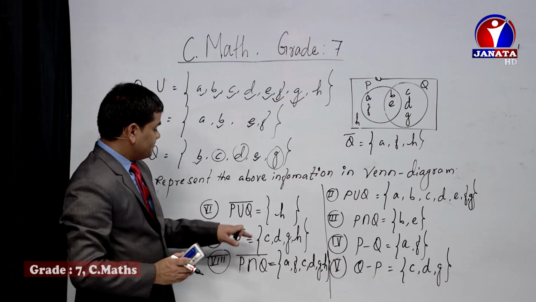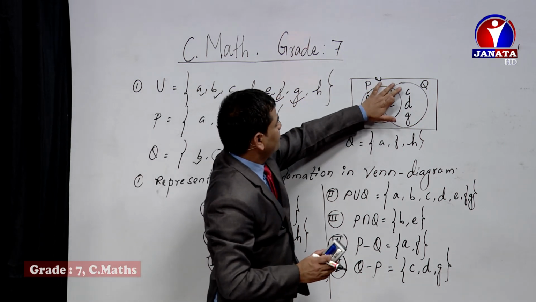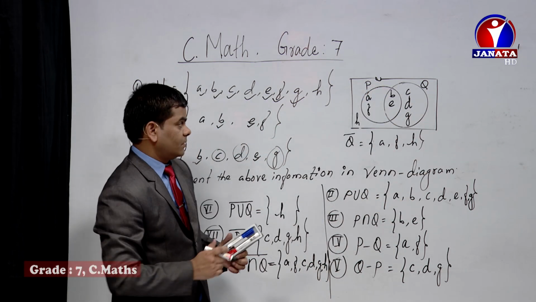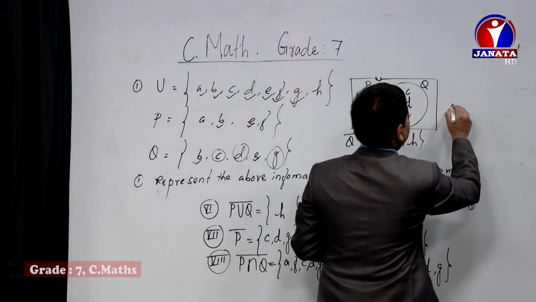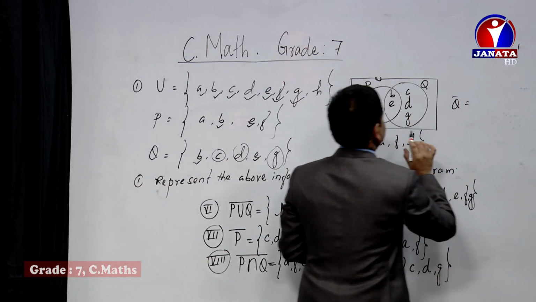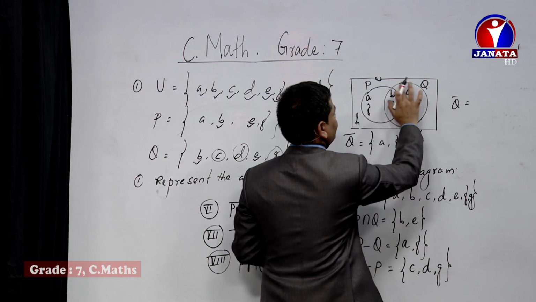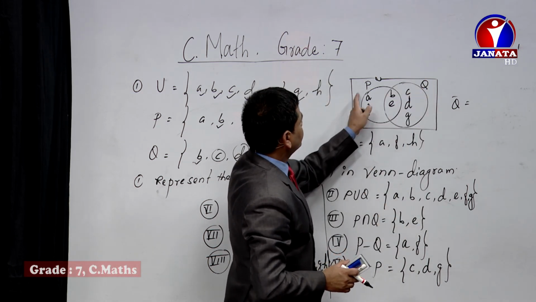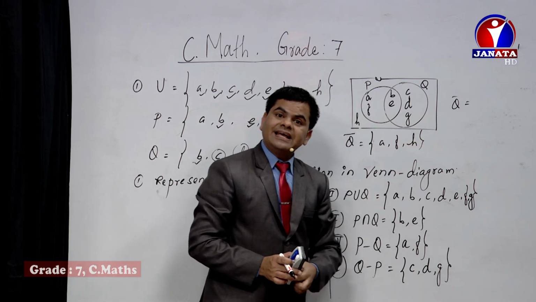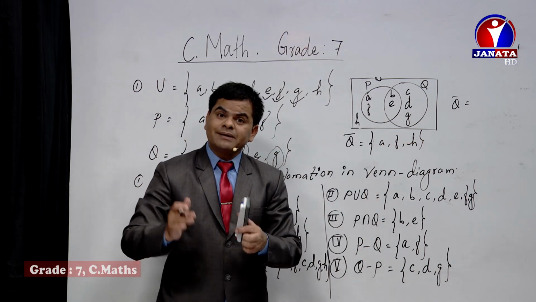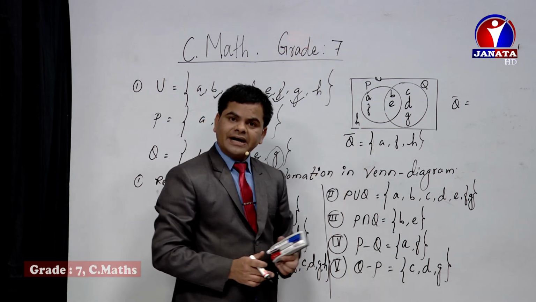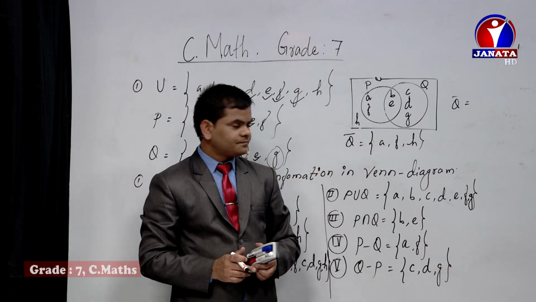The area except the P circle. That means the whole area except the P circle. So if you need to shade Q complement, which area will you shade? This area will be unshaded, and except that area, the remaining parts of the circle, as well as the rectangular area, should be covered.